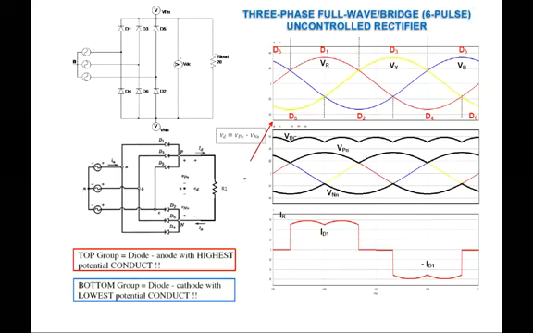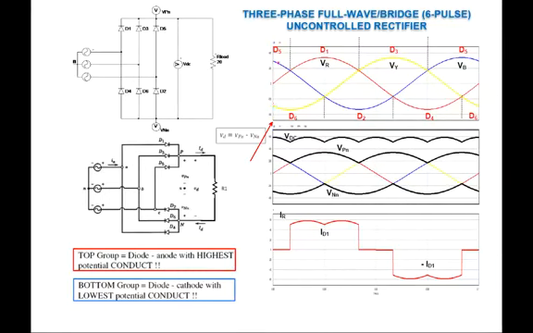Let's look at the top group between D1, D3, D5. If we look at the rules, the diode with the anode at the highest potential will conduct. If you refer to these 3 voltages at this particular point, we see that the blue phase voltage is at its highest compared to the red phase voltage and the yellow phase voltage.